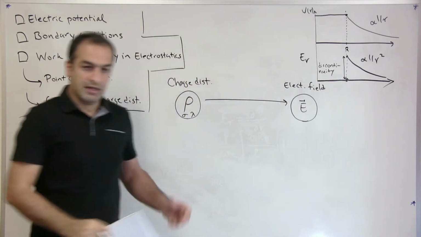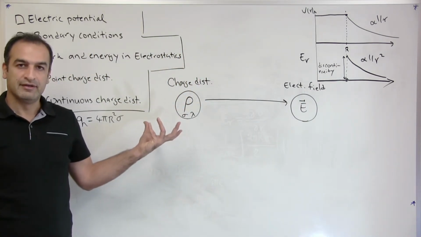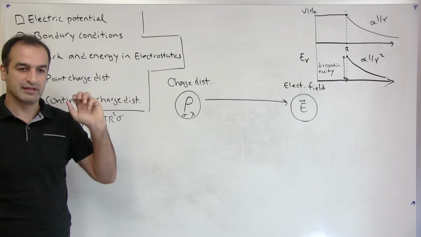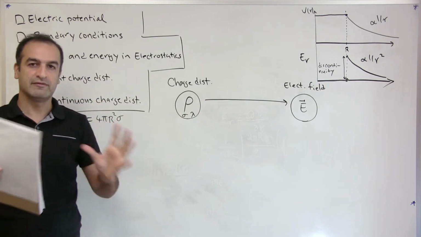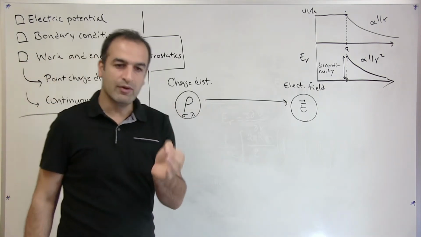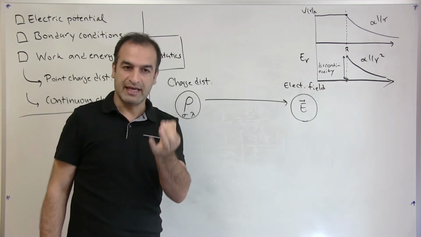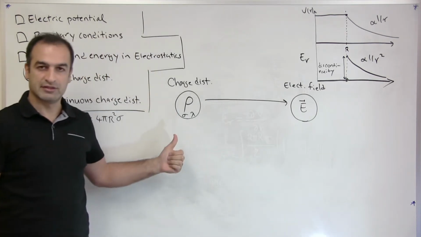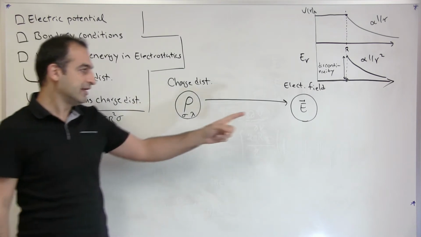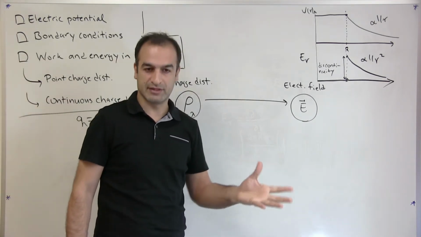Okay, so we have a certain charge distribution. Electric charges are distributed in whatever format, and the goal is usually calculating the electric field created by this charge distribution. If you have the electric field, you can calculate forces and so on.